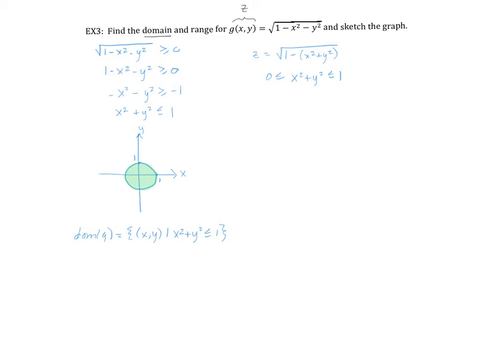Can't be negative because I'm squaring the x and the y. So since these values are between 0 and 1, I get my range as well.